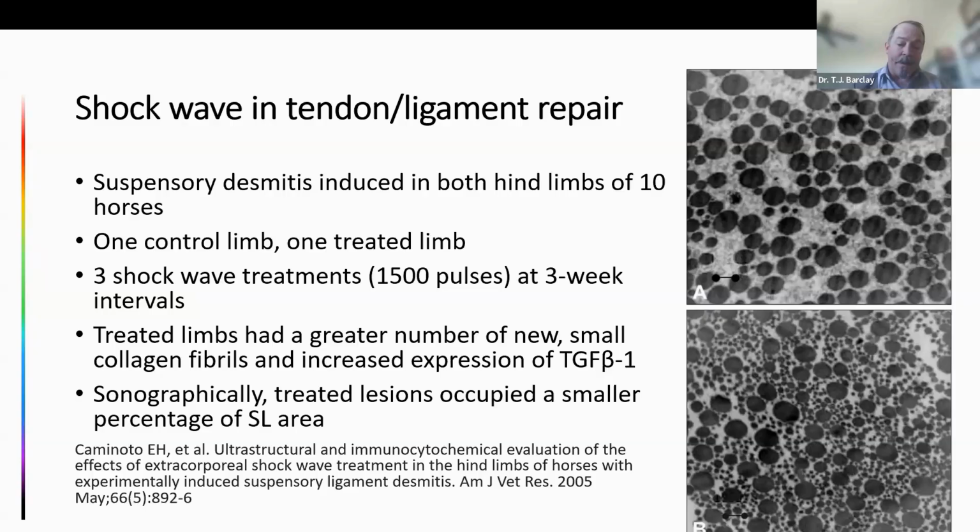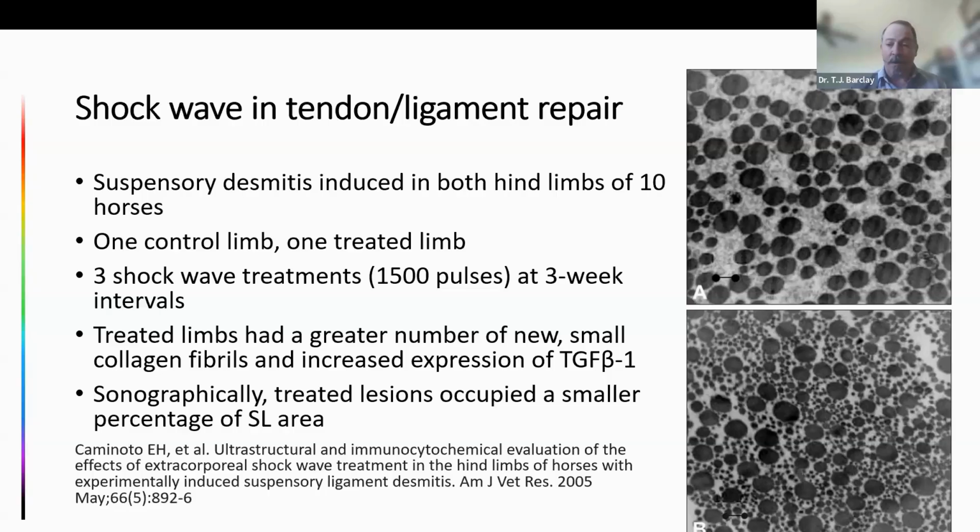And in the shockwave treated group, what was seen was a smaller size of the lesion as evaluated with ultrasound, and then also those treated ligaments had more ingrowth of new small collagen fibers in those lesions. You can see the 2 images on the right are electron micrographs of biopsies obtained from those lesions.